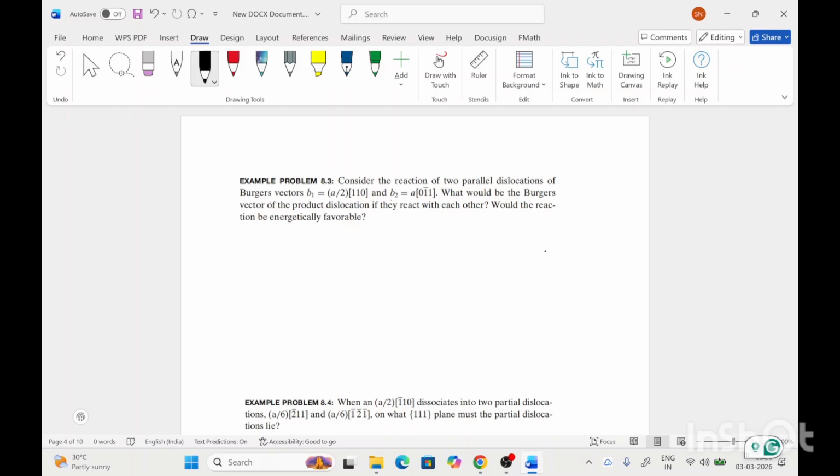What would be the Burgers vector of the product dislocation if they react with each other? Would the reaction be energetically favorable?